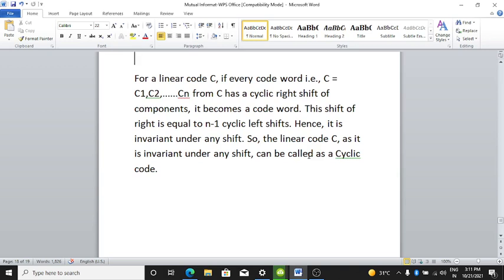This right shift is equal to n minus 1 cyclic left shifts, hence it is invariant under any shift. So the linear code C, as it is invariant under any shift, can be called a cyclic code.